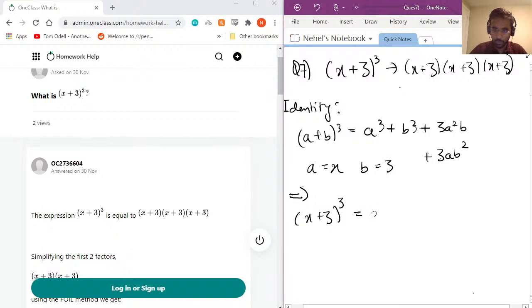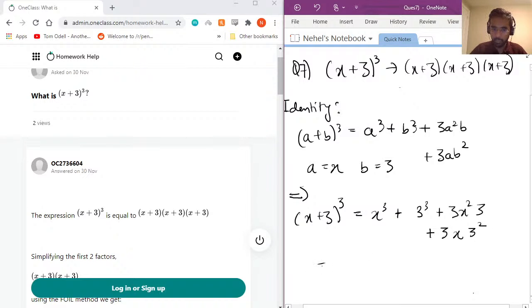So this is actually equal to x cubed plus 3a squared b, which is 3 x squared times b, plus 3ab squared, which is 3 times x times 3 squared.